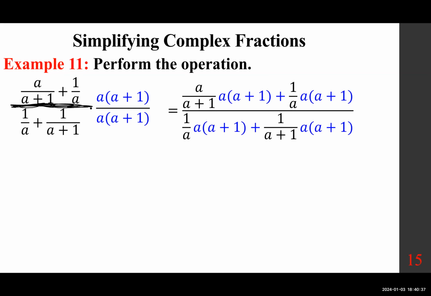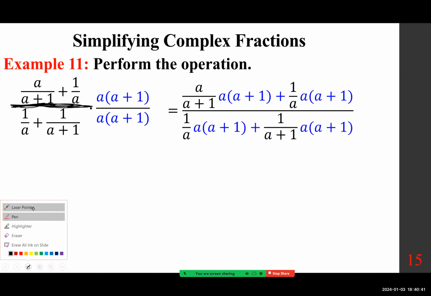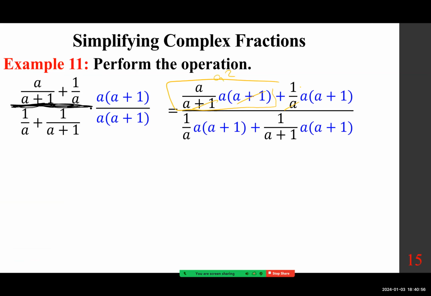But here's what happens, class. In this case, a plus 1 and a plus 1 cancel each other. You end up with a squared. In this case, a and a cancel each other. They give us just 1 times a plus 1, or a plus 1.